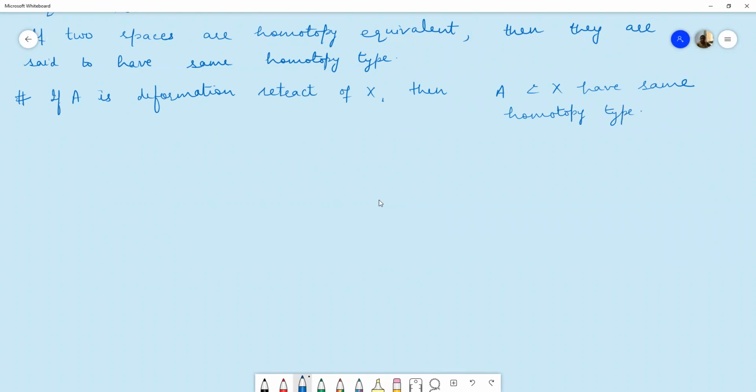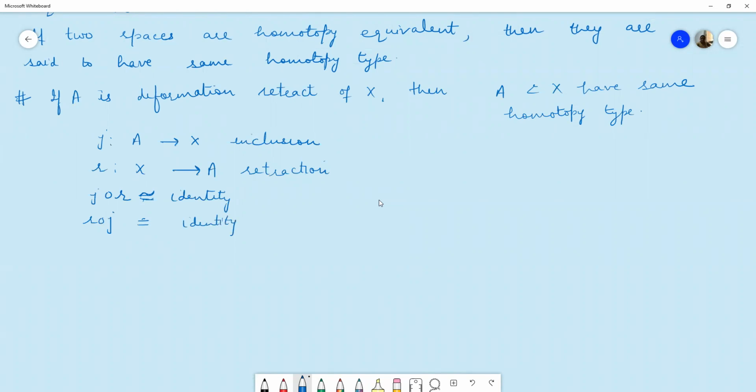So this we have earlier proved: if A is a deformation retract and we define j, the inclusion map from A to X, and we define r from X to A, the retraction given by the deformation retract, then j circle r is homotopic to identity map, and r circle j is equal to identity map.